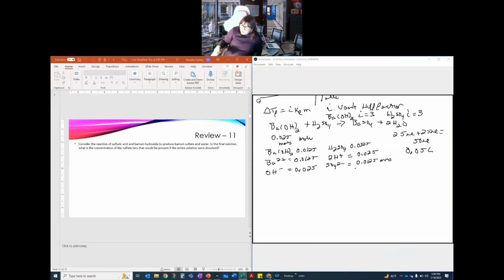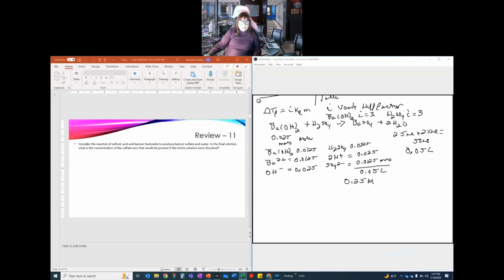So I take my SO4, I divide that by the 0.05 liters, and I get 0.25 molar. Okay, so that's my concentration of the sulfate ions if they were all in solution.